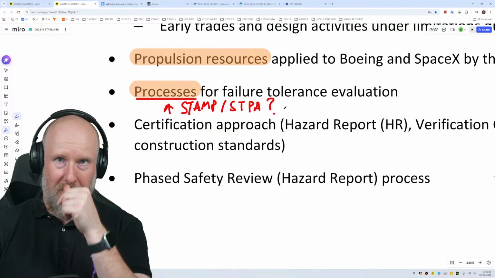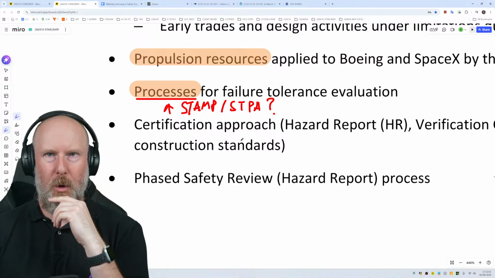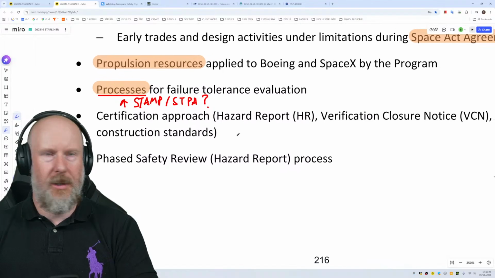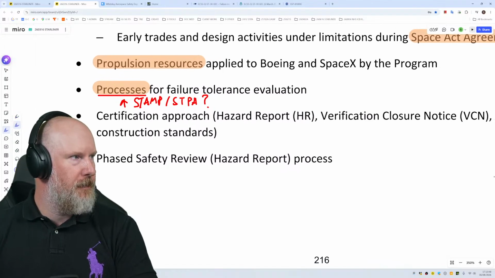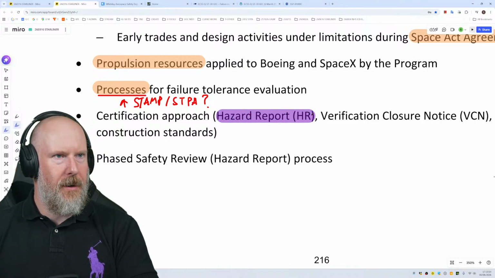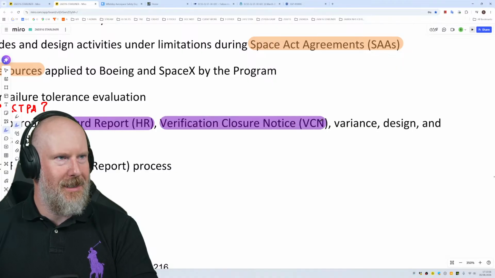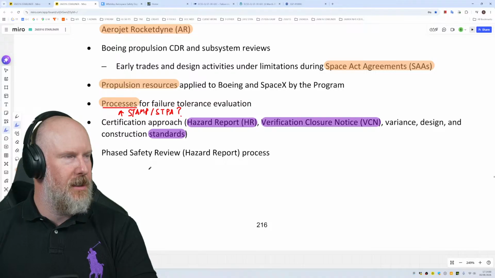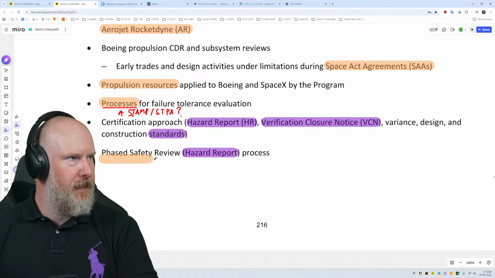Given that we can look at failures, but also look more broadly than that. The certification approach. So the hazard report. Verification closure notice, VCN, variance design and construction standards. And then the phased safety review process, including the hazard report.